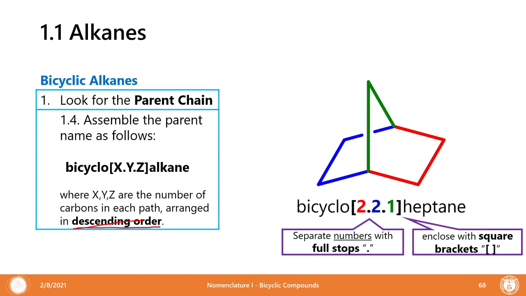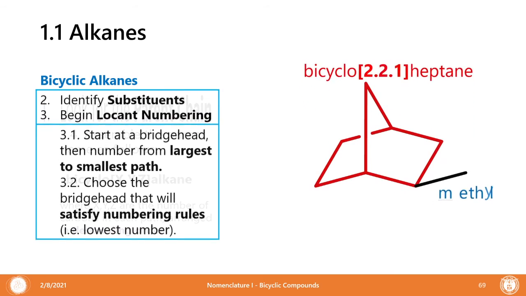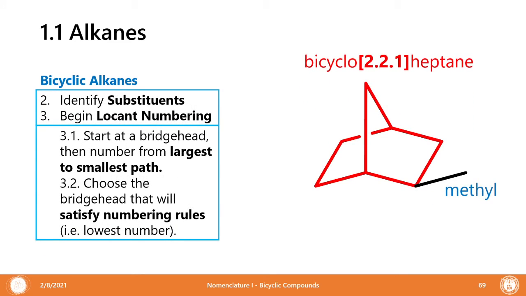And so that's how you name a bicyclic alkane. So quite simple. Now, what if we have a substituent? So I'll add a methyl group right here. What you first want to do is start at a bridgehead.